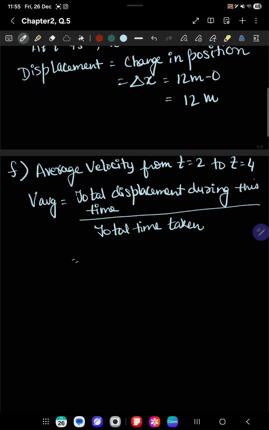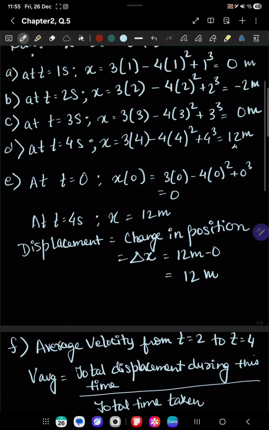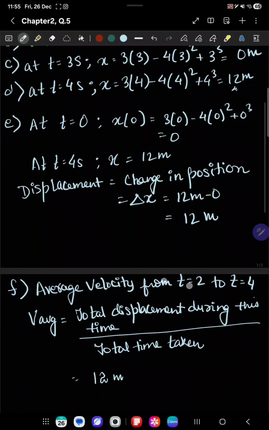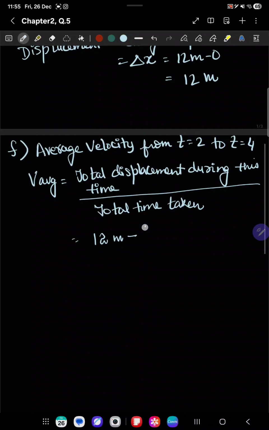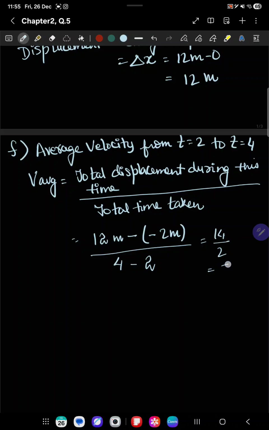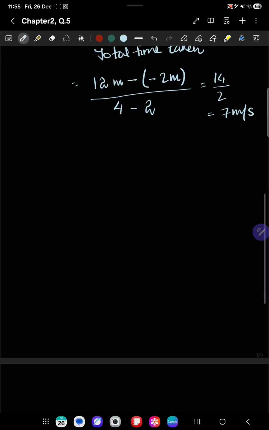So at t equal to 4 we already knew the position. We have already calculated it as 12 meter. Now at t equal to 2 seconds we have already calculated the position as -2. So this will be our total displacement. Now total time at t equal to 4, so 4 minus t equal to 2 is 2. So this will give us a value of 14 by 2. Again it will give us a value of 7 meter per second. So F part is also complete.